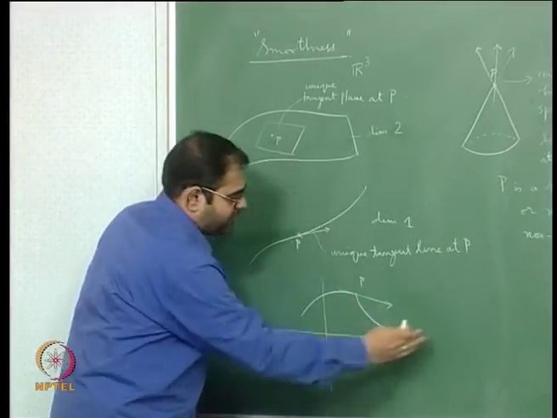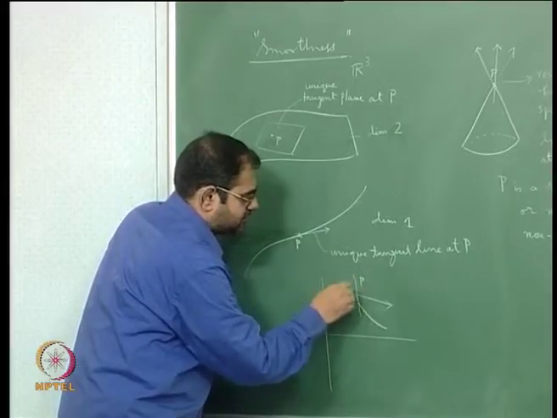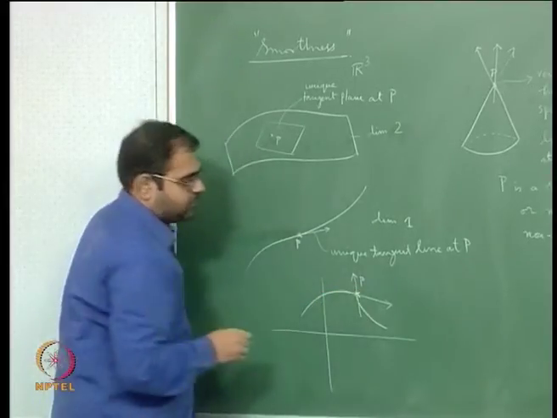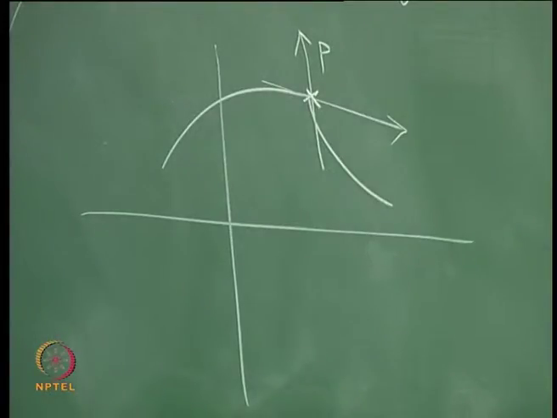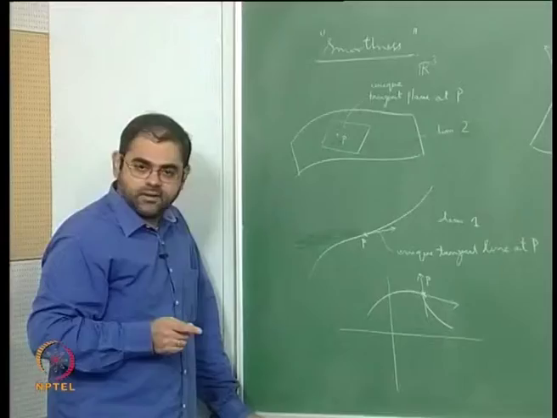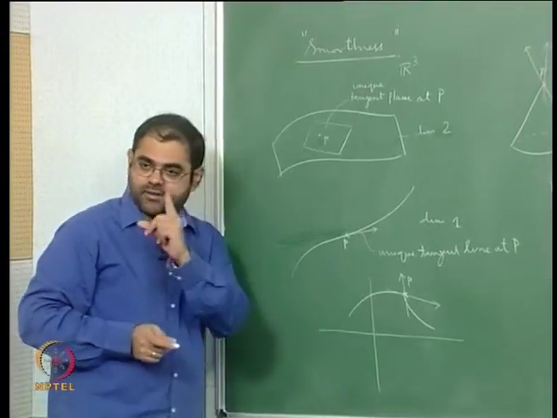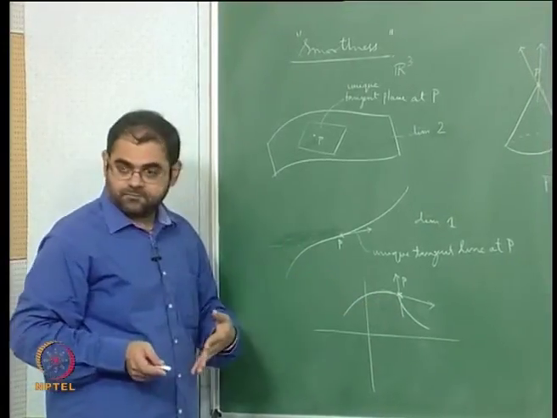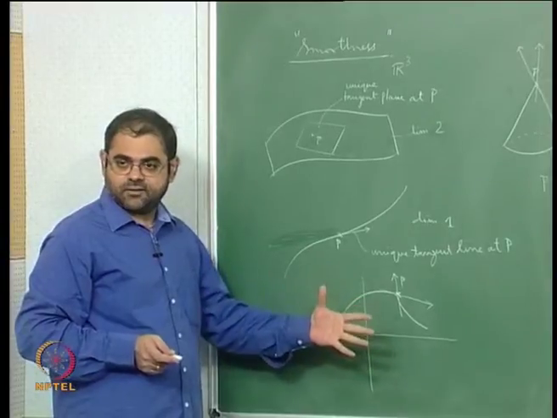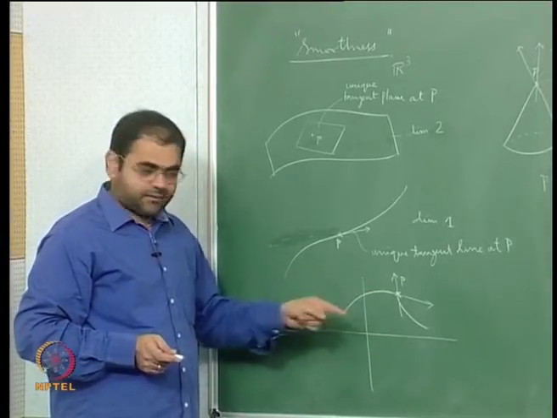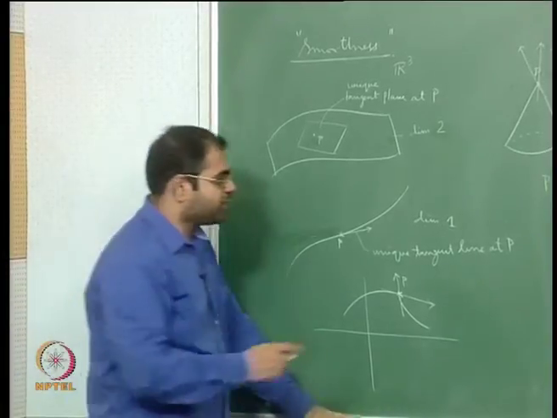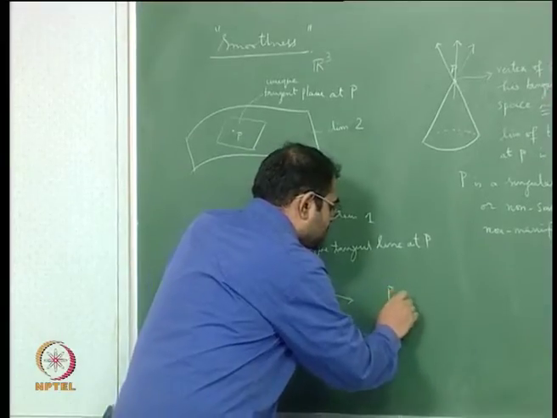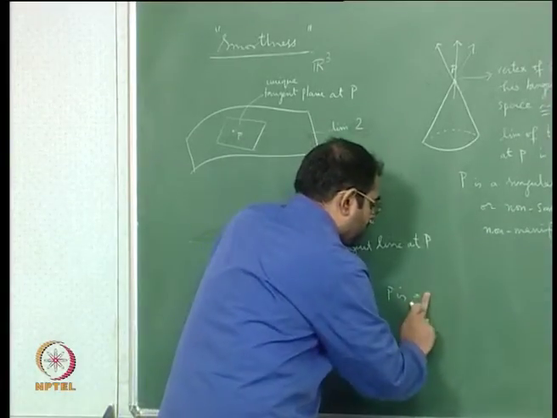If I approach from the right, I will get a tangent like this, at this point. These are two linearly independent directions, therefore the dimension of the tangent space at this point is 2, whereas the point is lying on a curve which is one dimensional. So the dimension of the tangent space is more than the dimension of the object on which the point lies, and that tells you that that point is not a smooth point, okay.